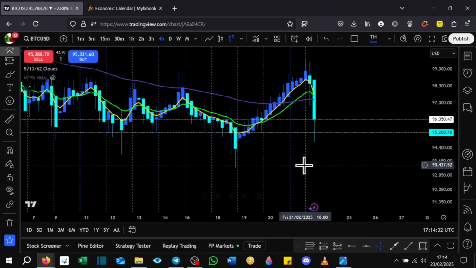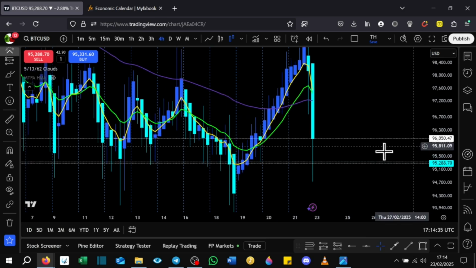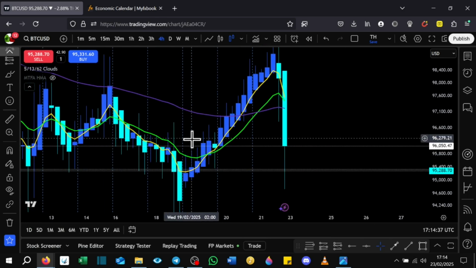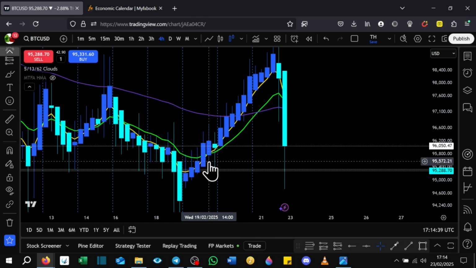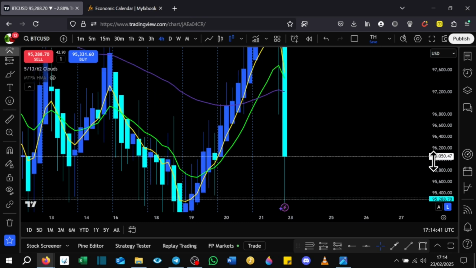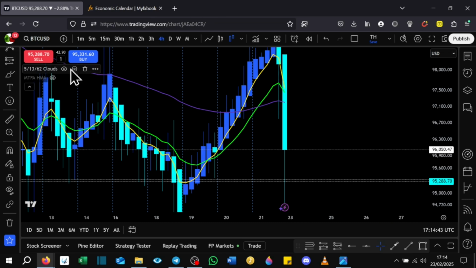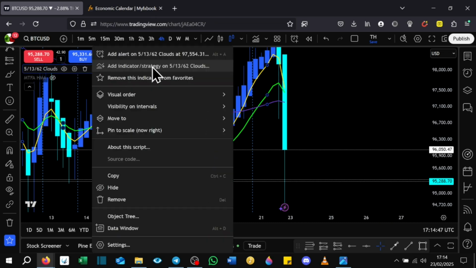Then there was an opportunity for the buy on Bitcoin. We've had the 5 and the 13 EMA crossover here. One thing you can do on the indicator, if you go to the indicator, you go to here, and then you can go to visual order and you can bring the EMAs to the front, over the candles rather than behind.